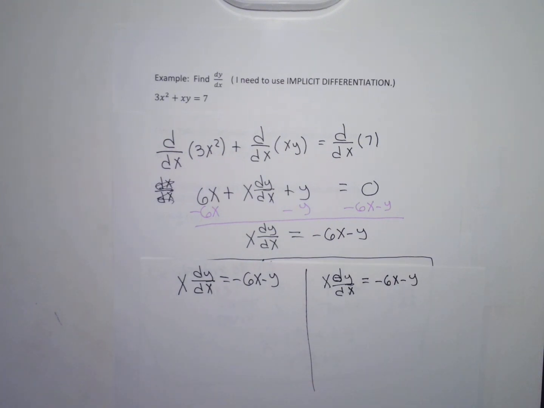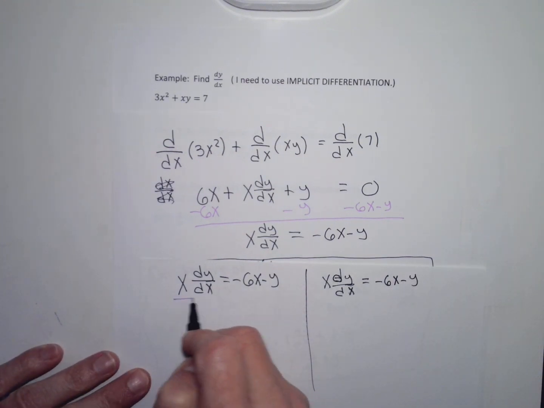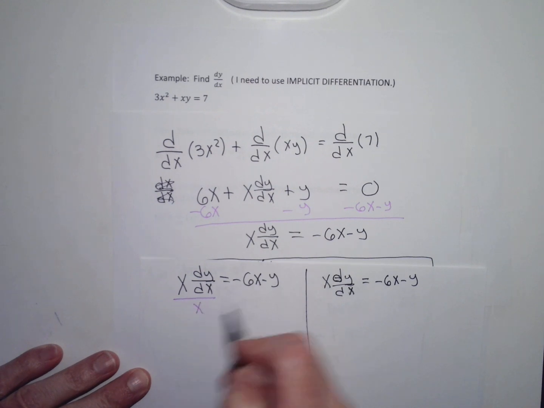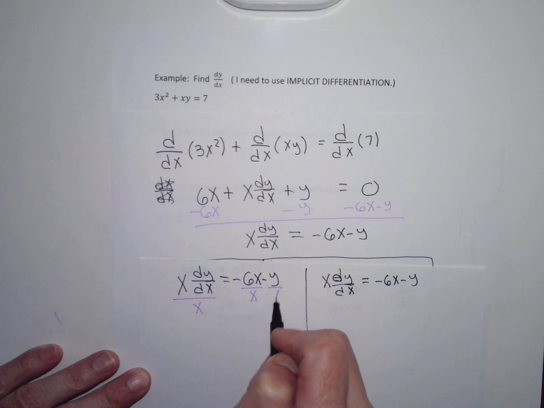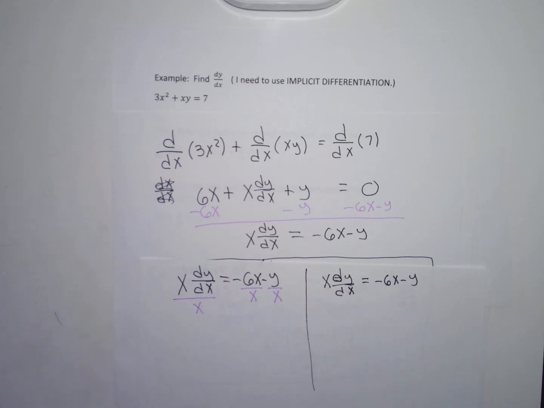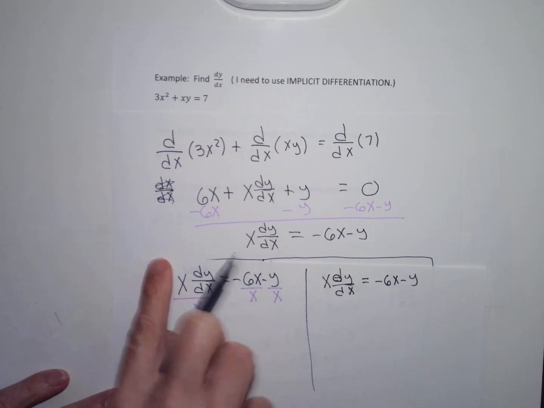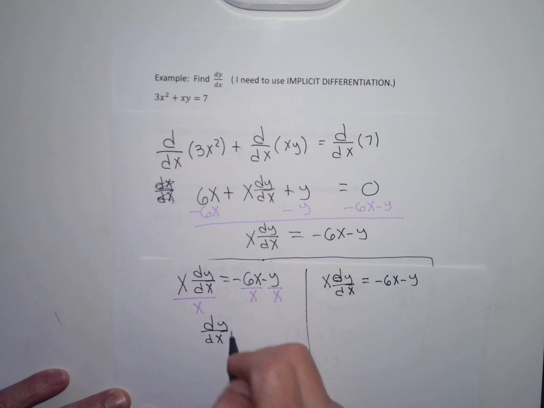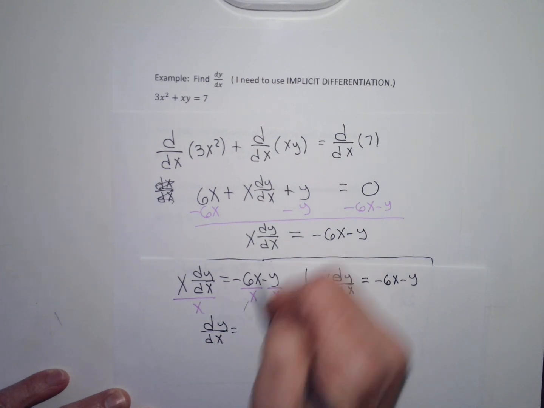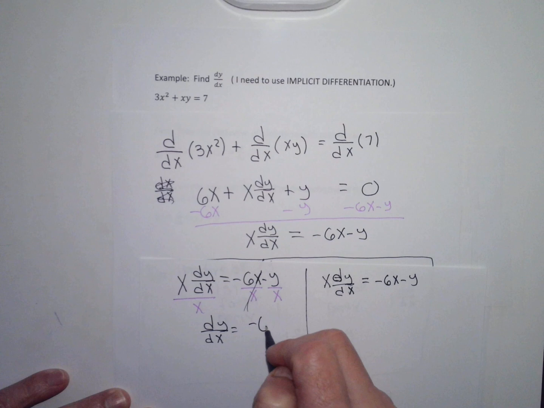So the way that's probably safer is to take each term and divide it by x. It's safer because you won't be tempted to reduce something you can't reduce. Taking the x's on the left side and dividing by x, I'm left with the dy dx. And on the right side, my first fraction, the x's cancel, and I'm left with a negative 6.